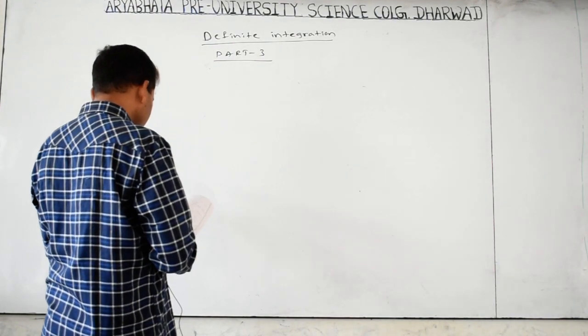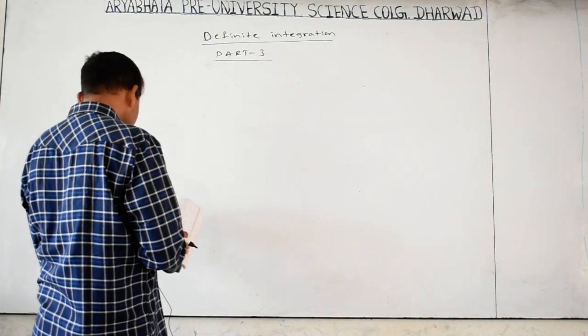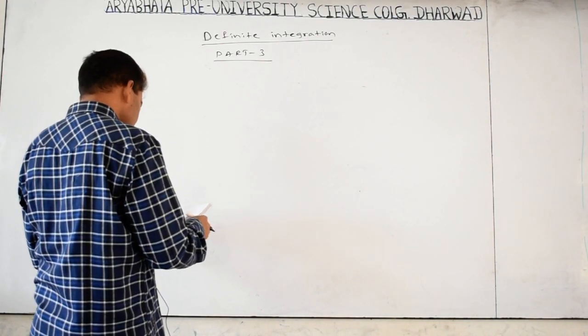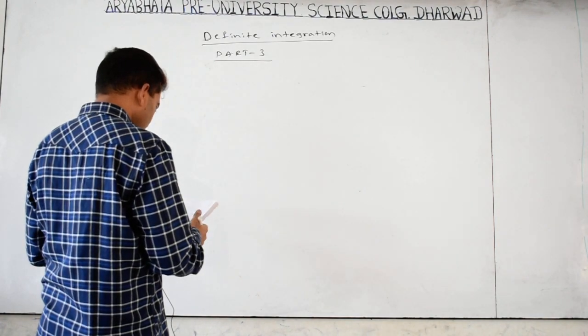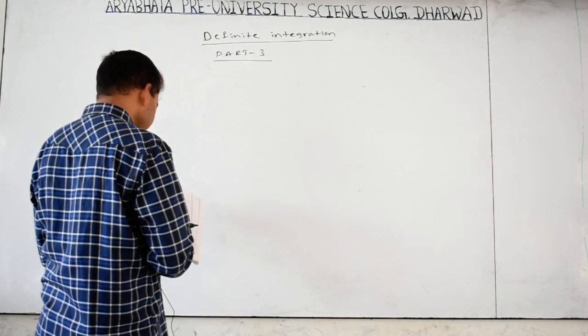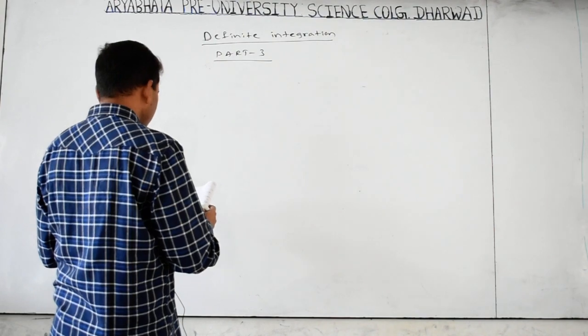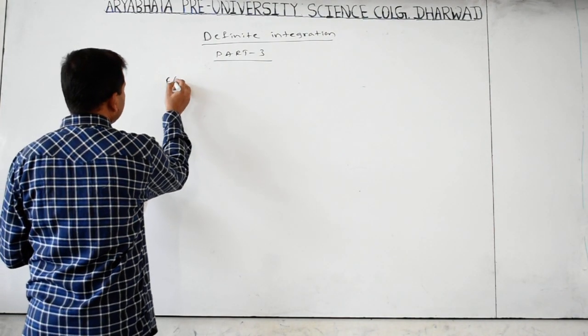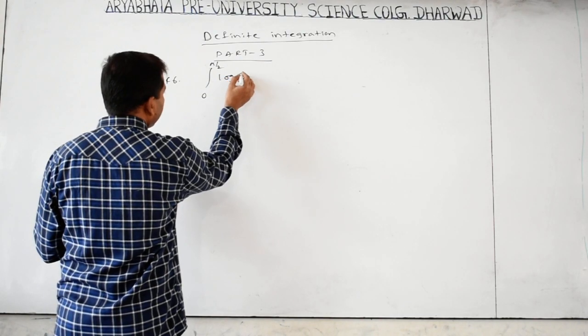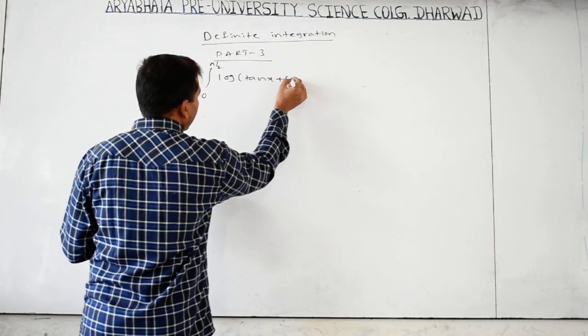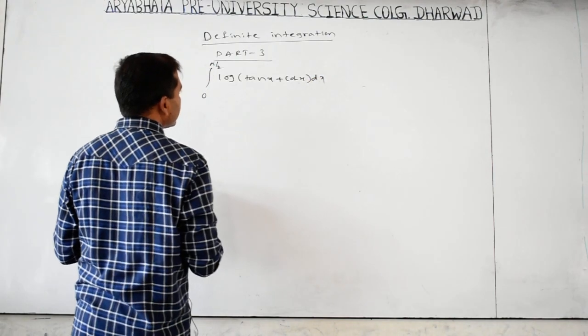Next, in the previous class we have discussed up to 45. Now question number 46. Integration from 0 to pi by 2 of log of tan x plus cot x dx.